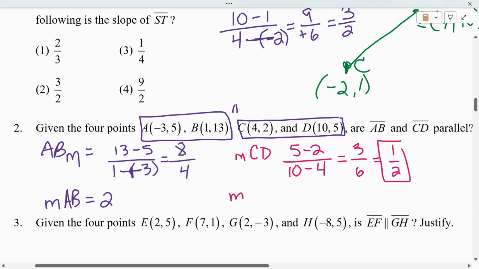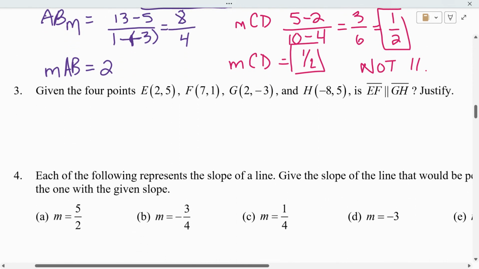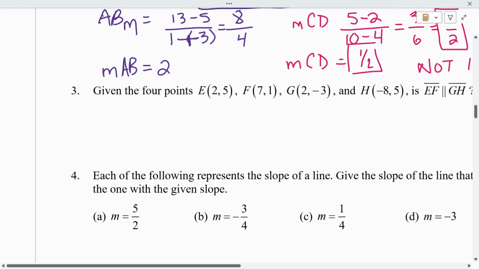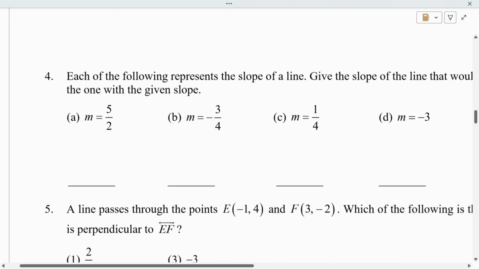So the slope of line CD is 1/2. Those are not the same. 2 does not equal 1/2, so these are not parallel. So I'm going to let you do question number 3. It's just like the one that we just did, number 2.